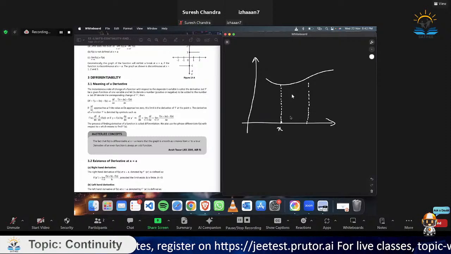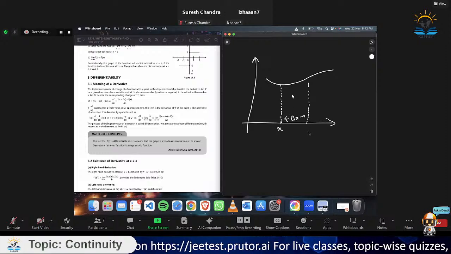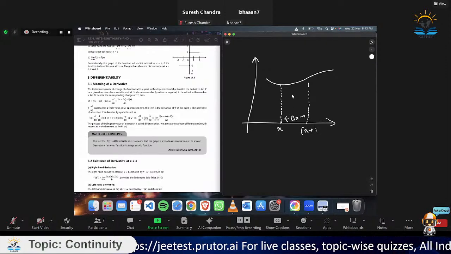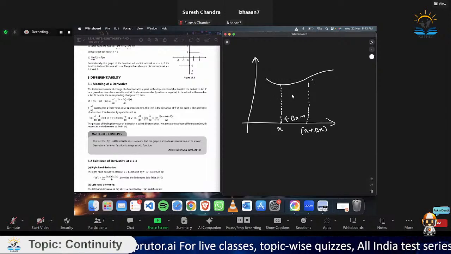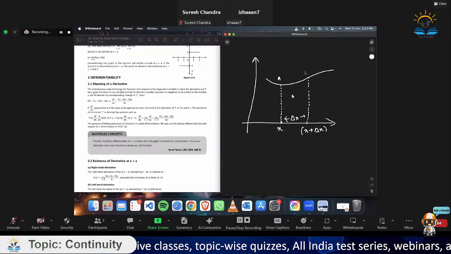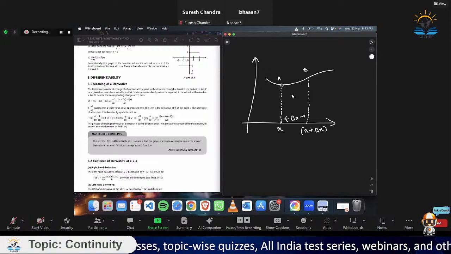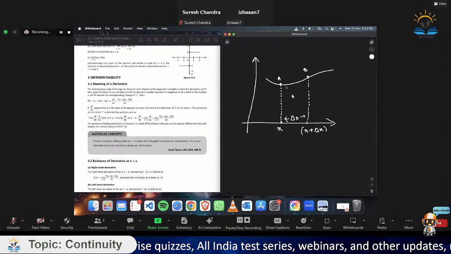I have traveled a delta x distance over here. So this point will be x plus delta x. Absolutely correct. Now, if I ask you to find the slope between these two points, between points A and B, how can you do this?